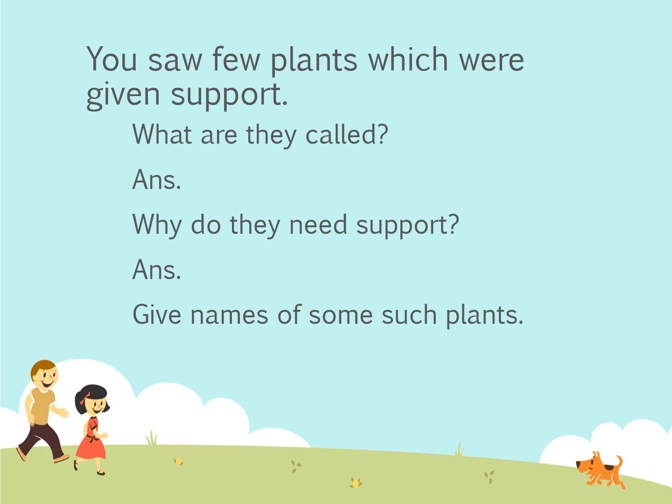Why do they need support? Because of their thin and weak stem. And many of these climbers' stem twine round the trees also. Give names of such plants. The examples are peas, bean plant or money plant.